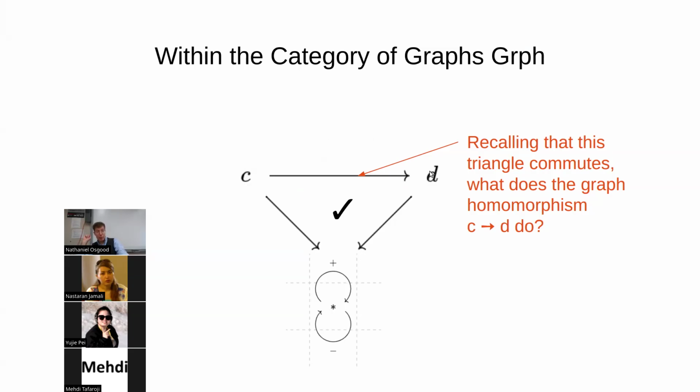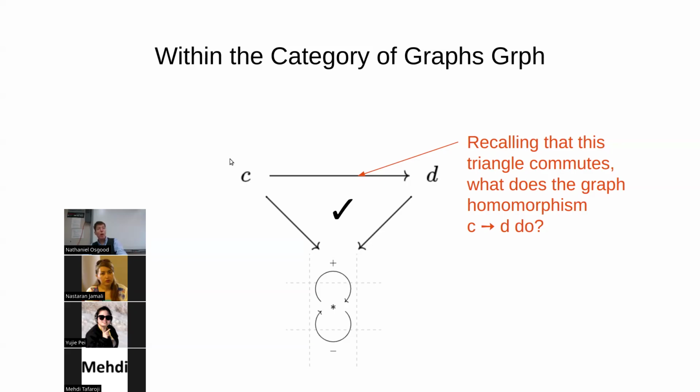Any edge could be mapped to any edge between the same target vertices. So if we had an edge between vertex A and vertex B inside of C, it could map to any edge between F of A and F of B. But now, can it map any edge to any edge and still keep this triangle commuting?